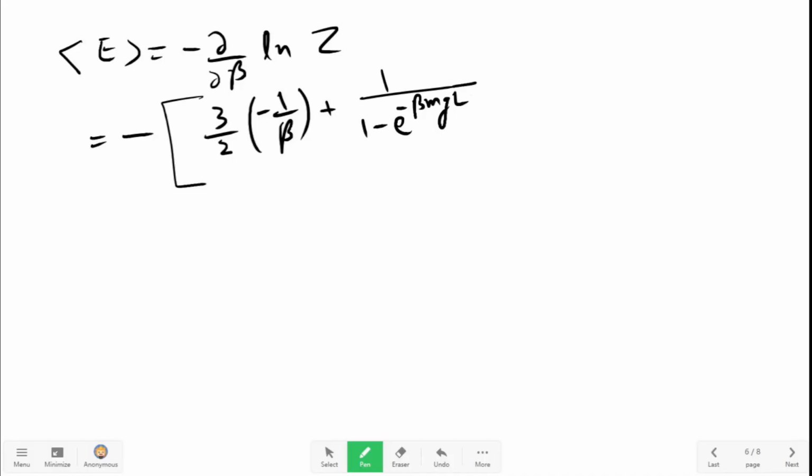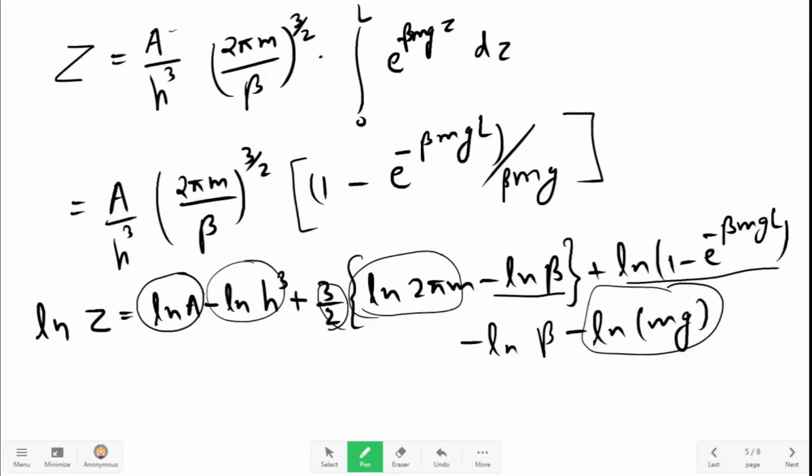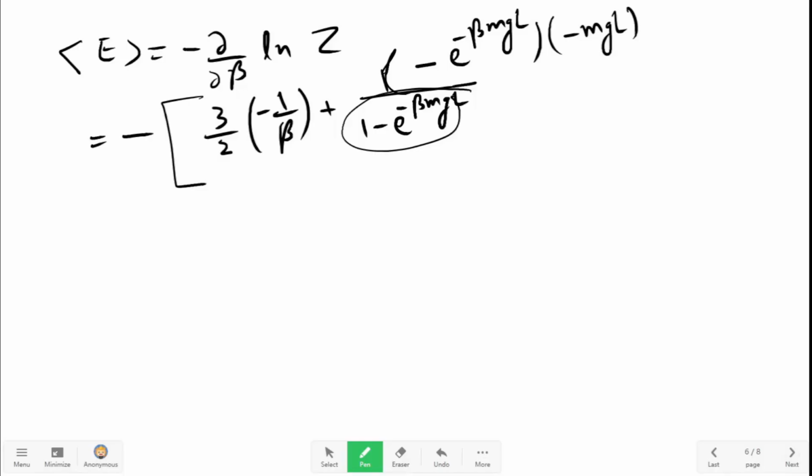When we apply the chain rule, we have to take the derivative of this right now, so that will give you minus e raised to minus βmgl times minus mgl.